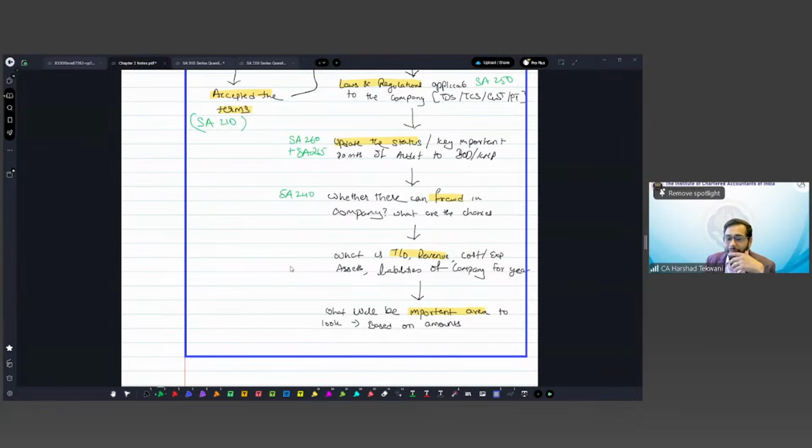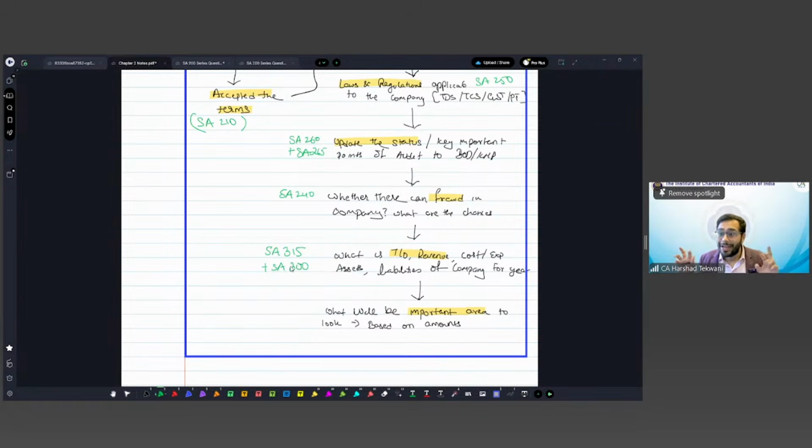What about understanding the important areas and total revenue? What is the standard? When it talks about total revenue, total cost, assets, liabilities for the company for the year, you have to understand the entity. SA 315 again, yes, correct. Plus SA 300? Materiality is next.